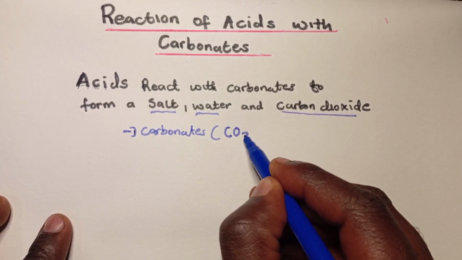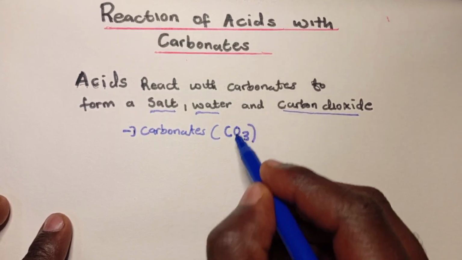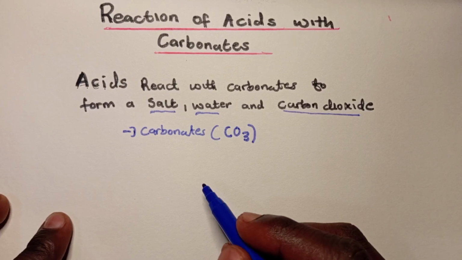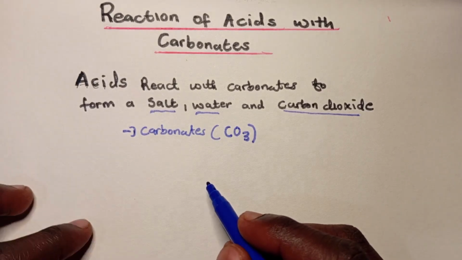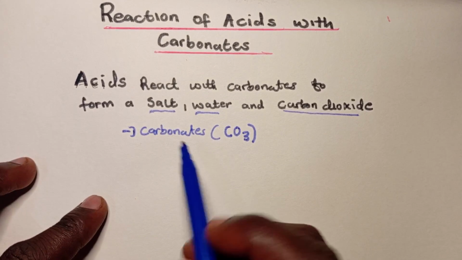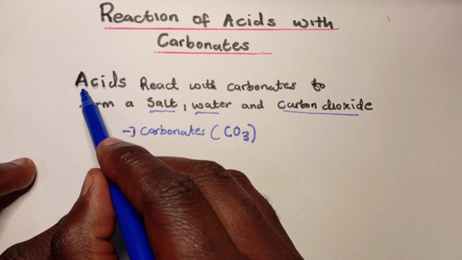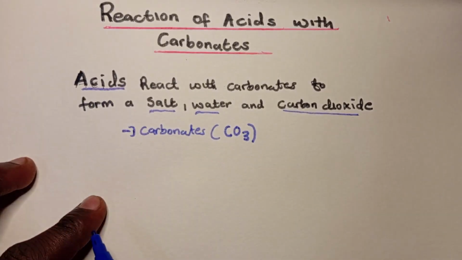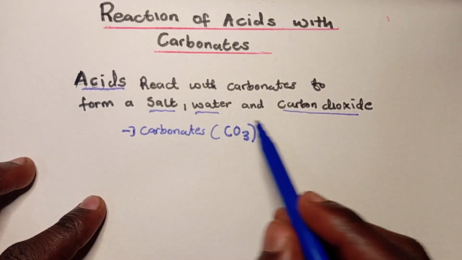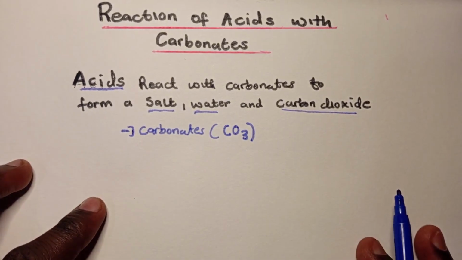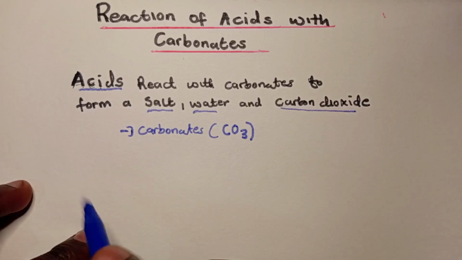This is what we call the carbonate, the CO3. It's a radical called a carbonate. All substances that contain this carbonate, acids can react with, and give out the salt, water, and carbon dioxide gas. This is what we expect.